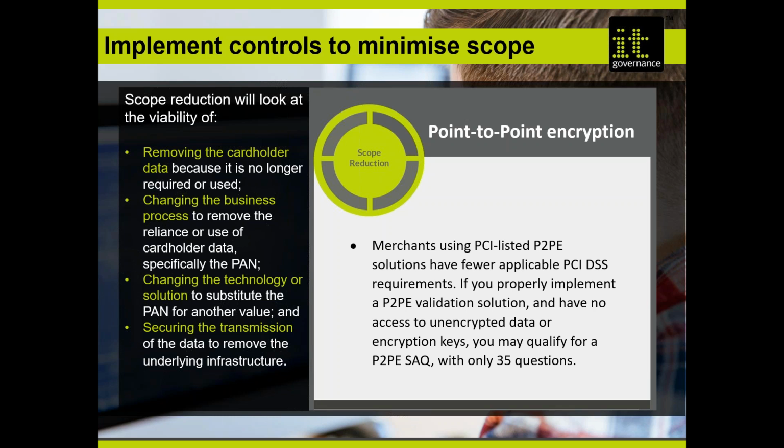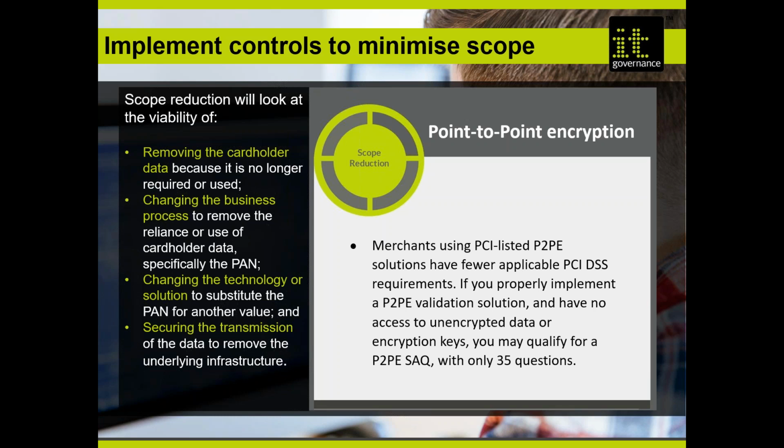By using P2PE, card data is made unreadable until it reaches the secure decryption environment, which makes it less valuable if the data is stolen while it's transmitting across your environment. If the merchant doesn't have the ability to decrypt the data, nor any access to the encryption keys, they don't have any access to customers' card data, which means they're out of scope for those elements it's transmitting through.